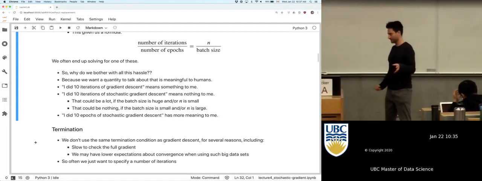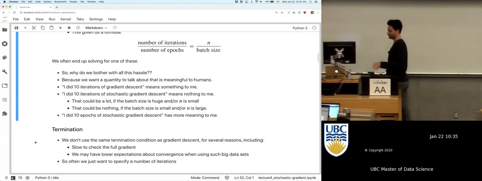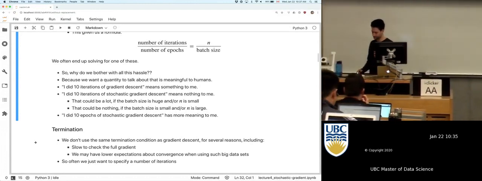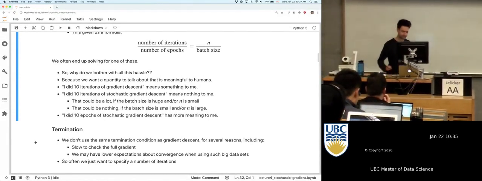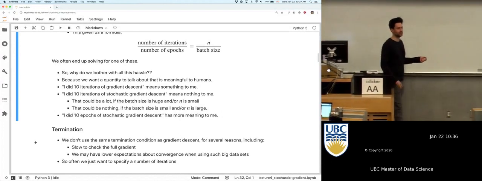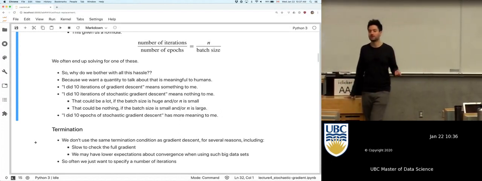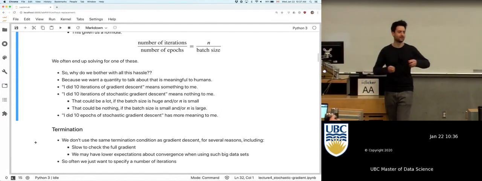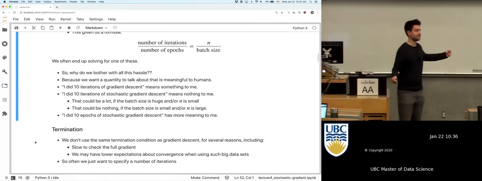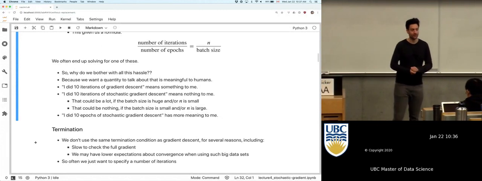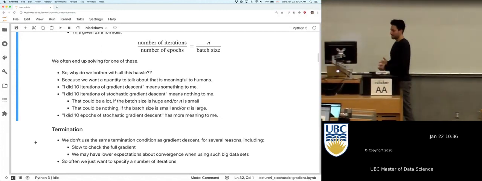With stochastic gradient, you usually have different termination conditions. So first of all, it is slow to check the full gradient. So you don't want to check the magnitude of the full gradient that often, because that involves, again, going through the whole data set, which is the thing you were trying to avoid by doing stochastic gradient.